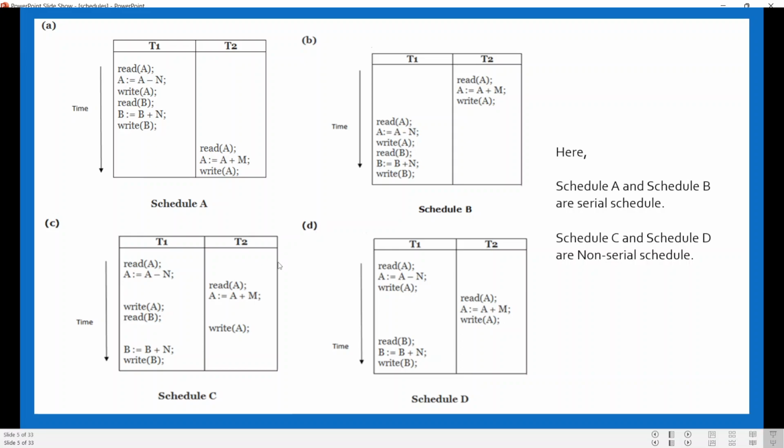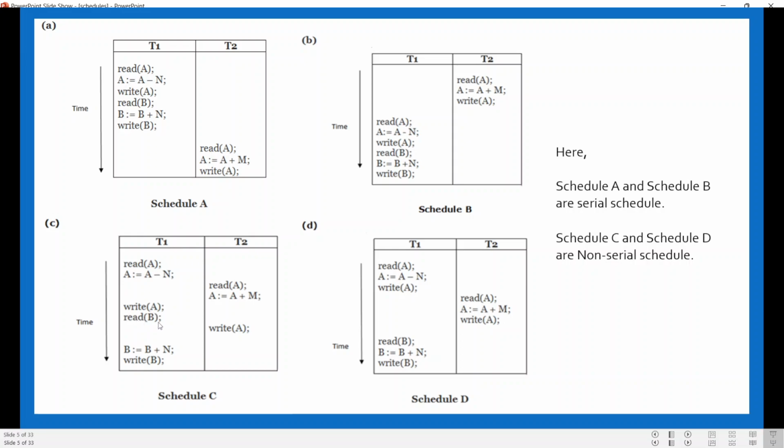But in schedule C, the third one, if you see T1, we start with a read operation, then A is updated, and before writing A, we go on to the second transaction. In the second transaction, we read the value of A and A gets updated, and then we write the value of A in T1.